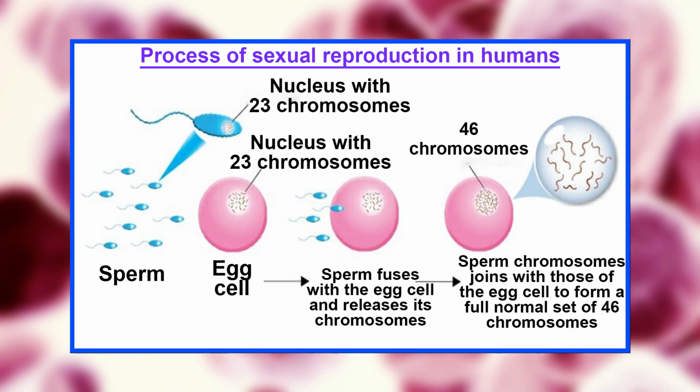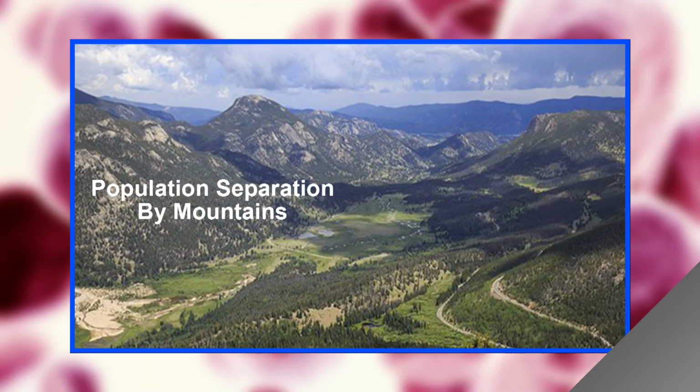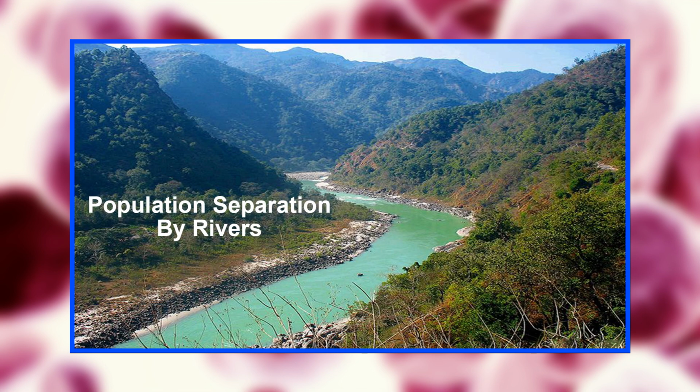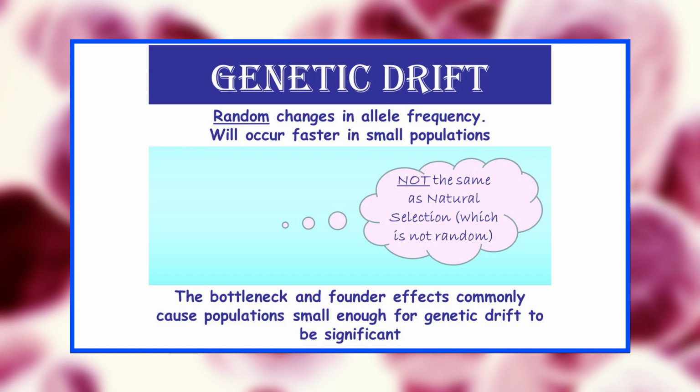The basic cause of population structure in sexually reproducing species is non-random mating between groups. If all individuals within a population mate randomly, then the allele frequencies should be similar between groups. Population structure commonly arises from physical separation by distance or barriers like mountains and rivers, followed by genetic drift.